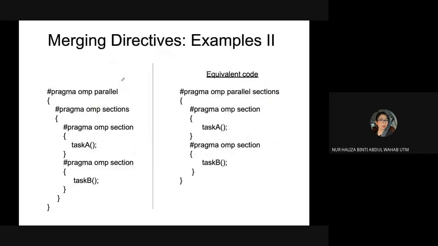This is the example you can see over here: your pragma omp parallel, with a section for task A, task B, and how you define it as a merging directive. So you're going to put the sections over here.